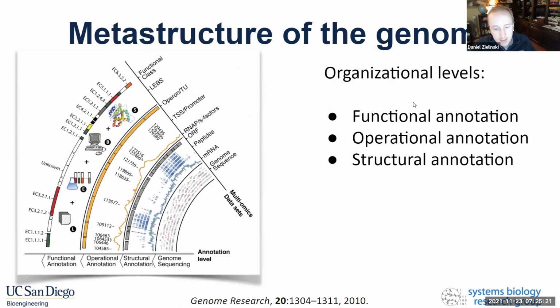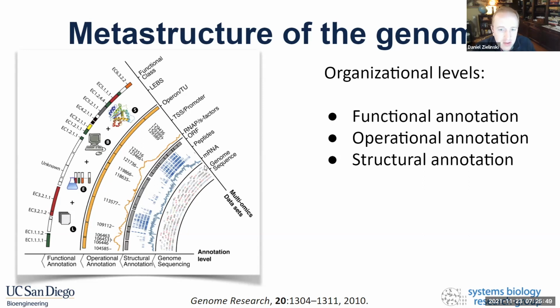So this is a diagram illustrating a concept that we call the metastructure. This is an older name for what we're calling the bitome in this paper. But what the metastructure really is, is a collection of genomic data sets all layered onto the same genome sequence. So we know that we can sequence the genome of our lab strains.